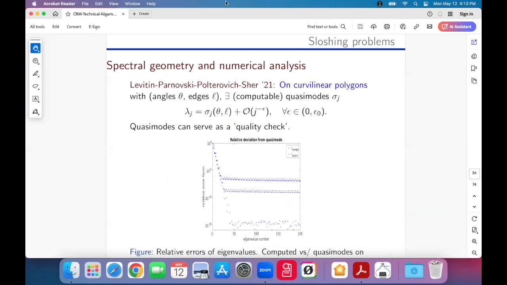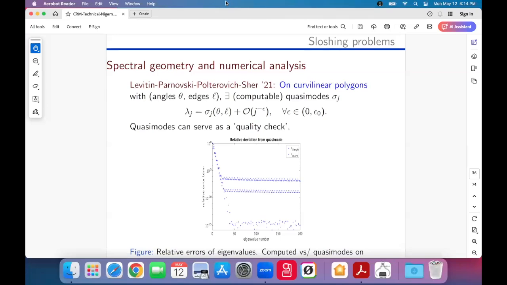And what I value very much about the spectral geometry community is that they come up with these clever asymptotic ideas. For example, on curvilinear polygons, it was shown that you can find computable quasi-modes, and they depend only on the length of the edges and the angles between segments, and these quasi-modes are very close to the Steklov eigenvalues.